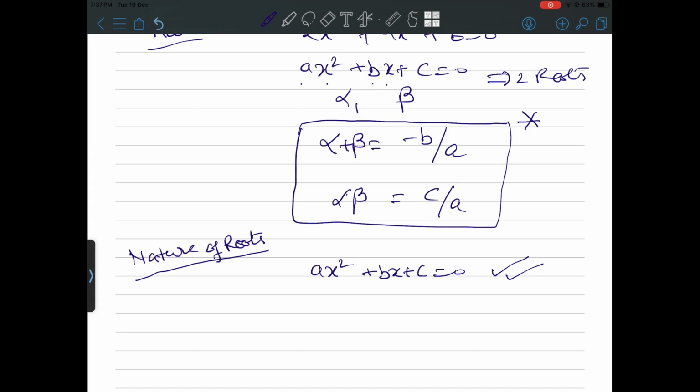So now, if you have an equation like this and you want to find the nature of roots, what we do is first find the discriminant, right? And what is the formula for that? That is b square minus 4ac.